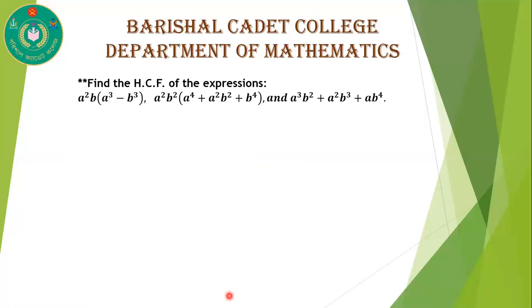Find the HCF of the expressions. Solution. The first expression a square b into a cube minus b cube. At first, we have to find the prime factors of those algebraic expressions.